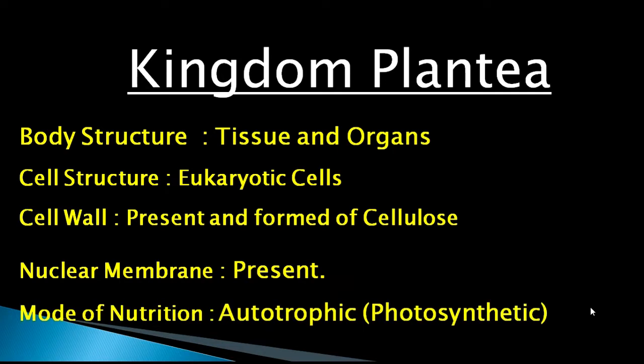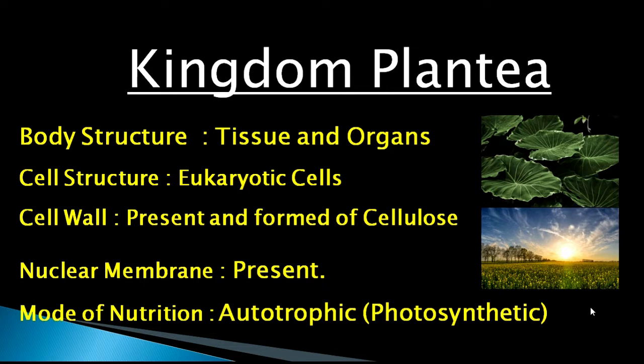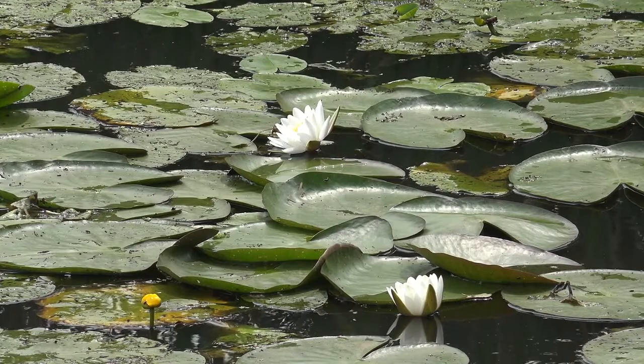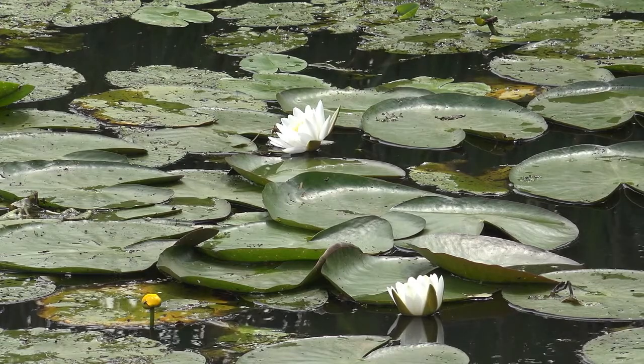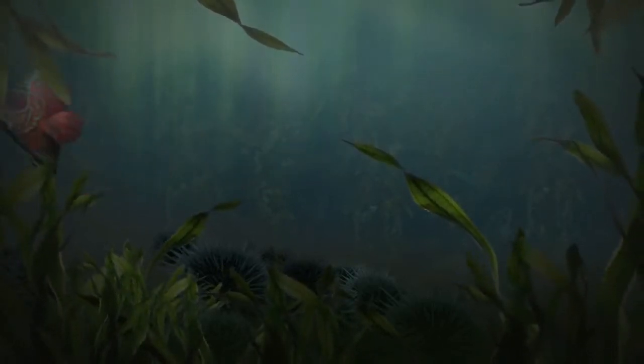Mode of nutrition is autotrophic, the photosynthetic type of autotrophic nutrition. Photosynthesis is the basic function in green plants. All the plants are classified under Kingdom Plantae.